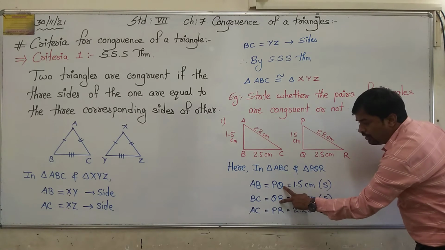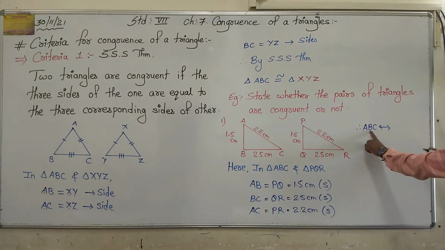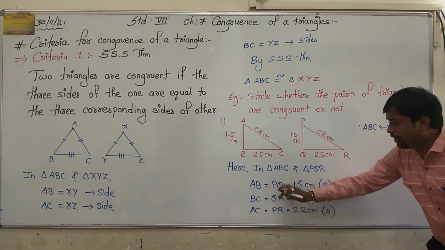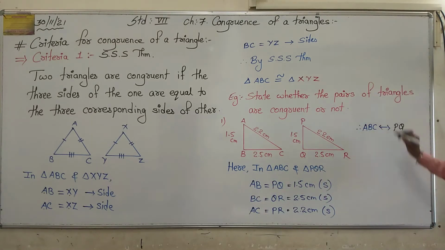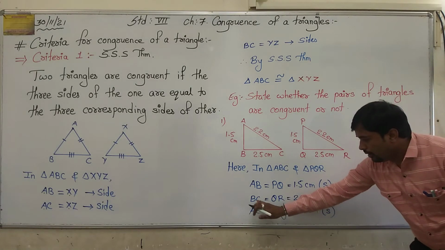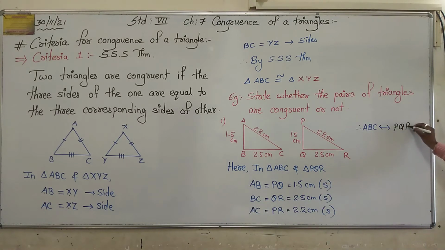Over here Q. B is in the center, so my Q has also come in the center. B with Q, so A with P. B with Q, so C with R. The correspondence is found.